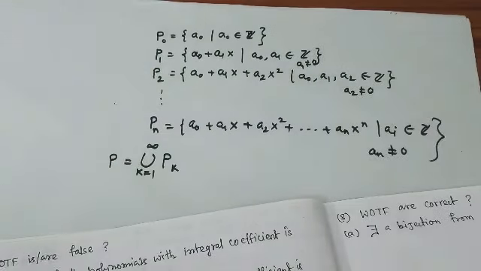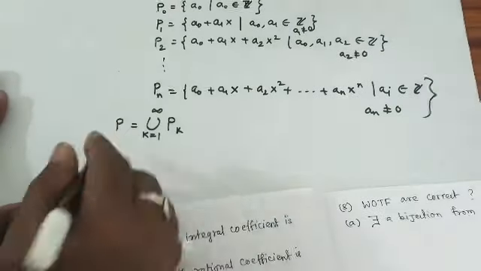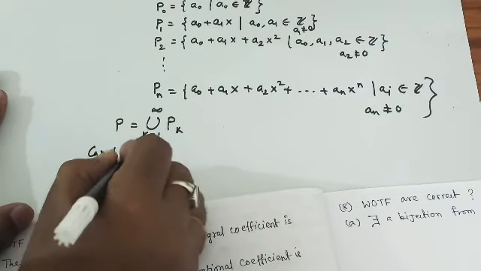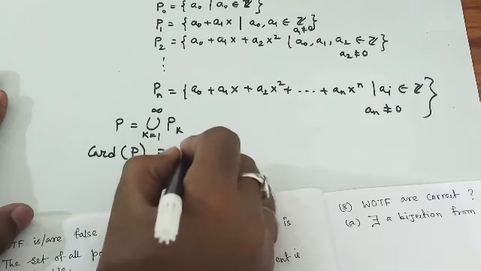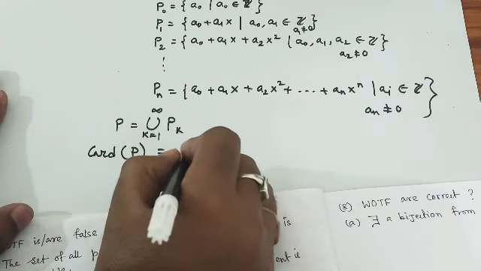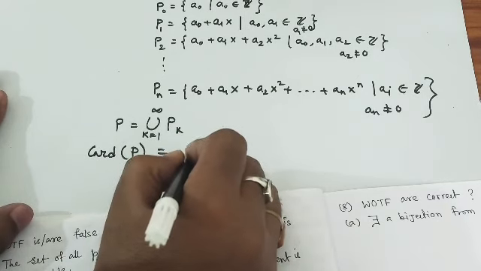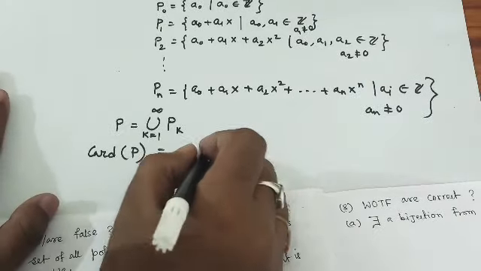It is not restricted up to n, it will go on this way, correct? Fine. Now what you need to do is to find the cardinality of this P.